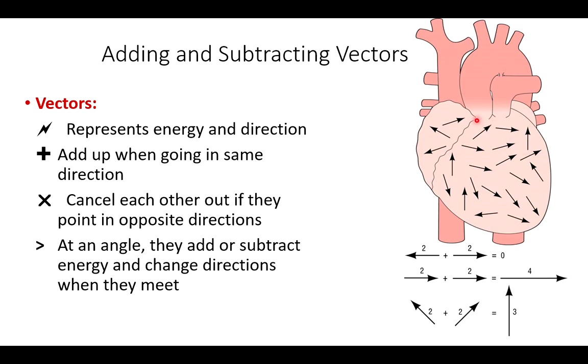If we look at all of the different myocardium that propagates during this electrical conduction pathway, all of it is sending vectors in different directions, and they all add up to this point. If they're all at different angles to each other, we have to add and subtract all the energy and then represent the general direction.